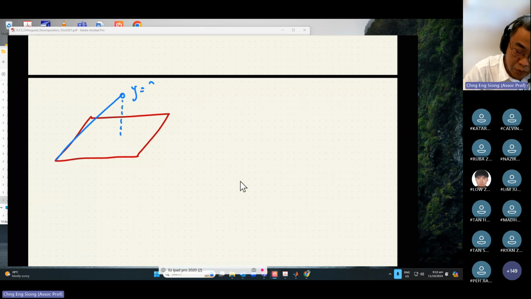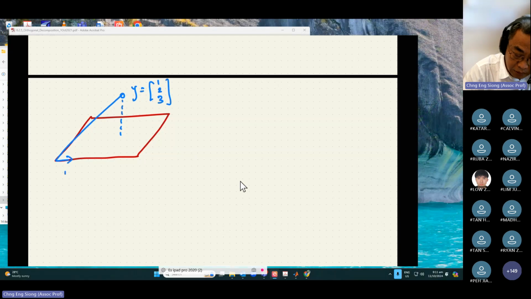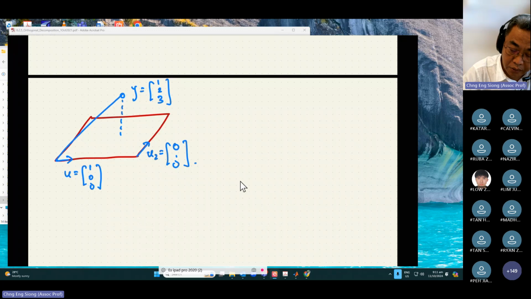Y equals 1, 2, 3, and the basis u1 equals 1, 0, 0. The second basis is u2 equals 0, 1, 0. Therefore, the projection y hat, the projection of y onto W.